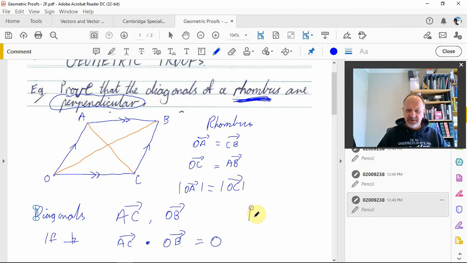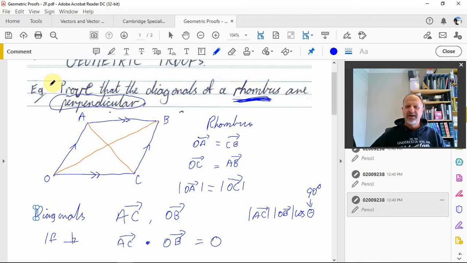Remember, that's the magnitude times the magnitude times cos of theta. And if they're 90 degrees, theta's 90, cos of 90 is 0. So AC.OB is 0. They're the things that we know.